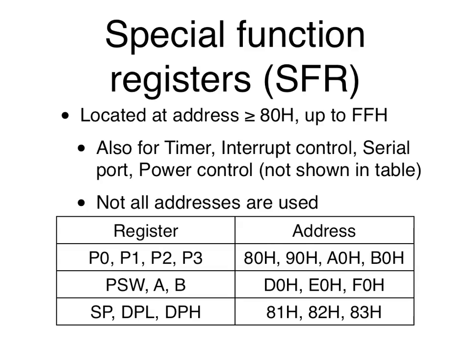And these are just the basic ones. As you can see, there's space for 128, right, from 80 to FF. There are up to 128 possible special function registers, at least in this way of designing the address spaces.